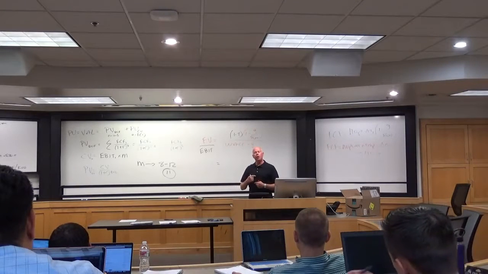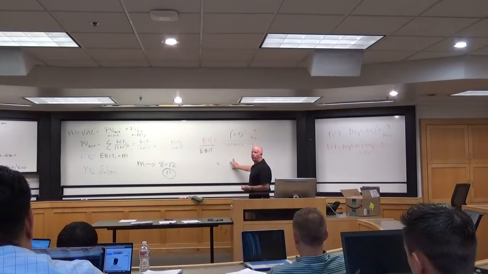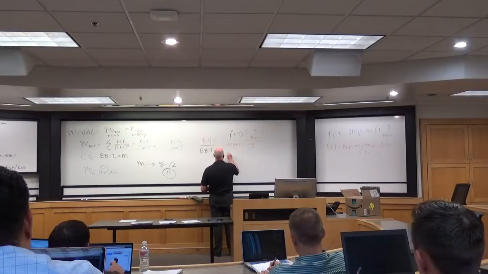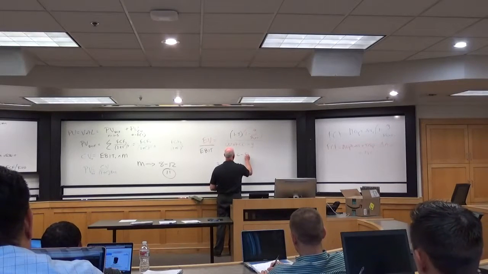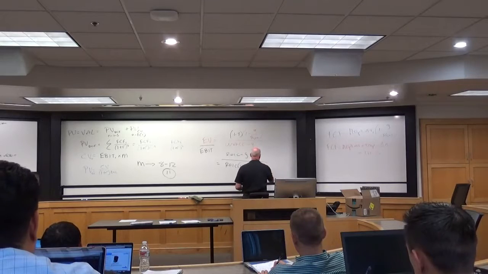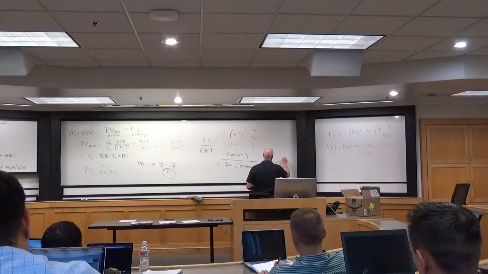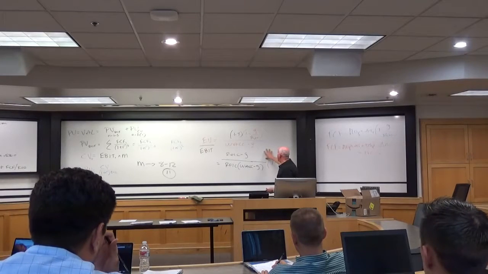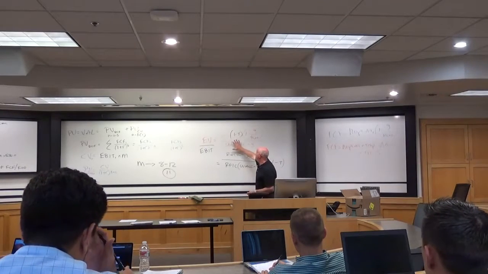If you want to know how to go from this to where I'm going right now, you just have to think about how you would algebraically manipulate this. This is going to be equal to ROIC minus G divided by ROIC times WACC minus G, times 1 minus T. Believe it or not, this lower equation in black is the same as this upper equation primarily in red.